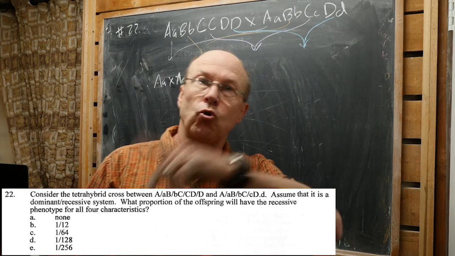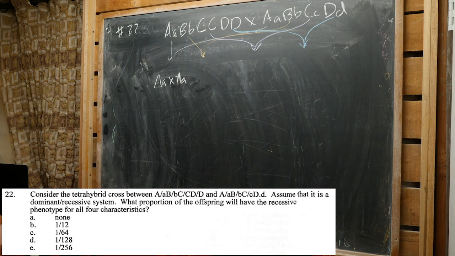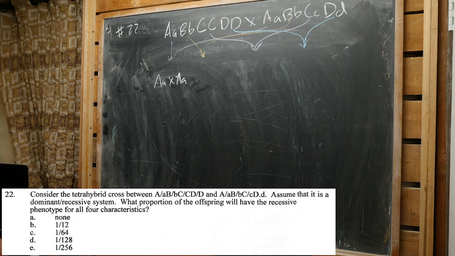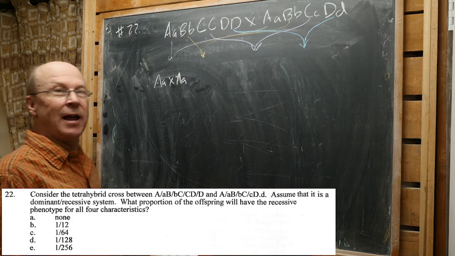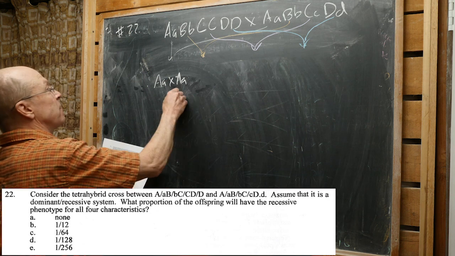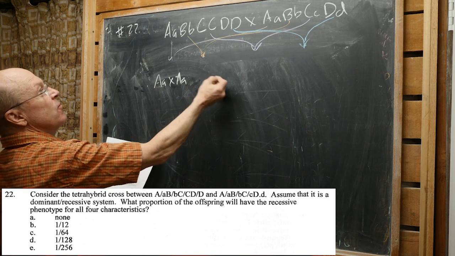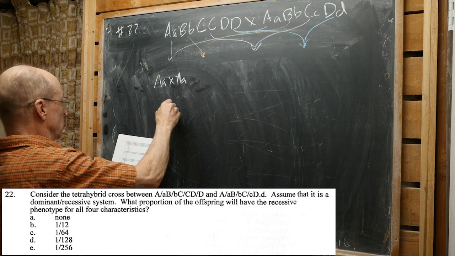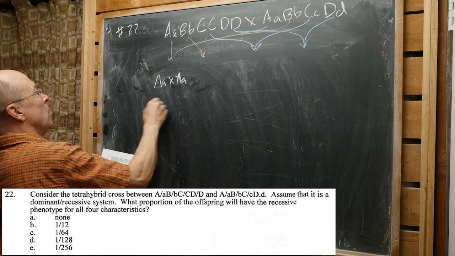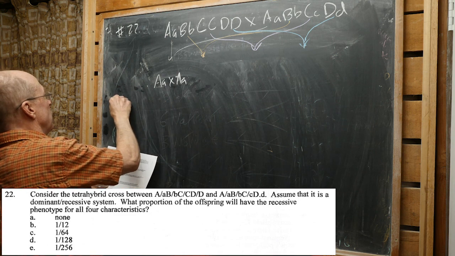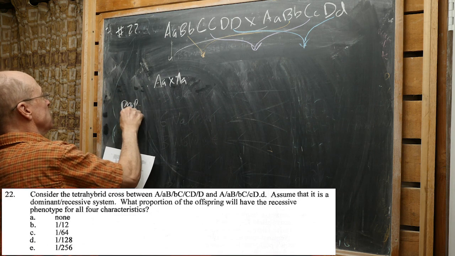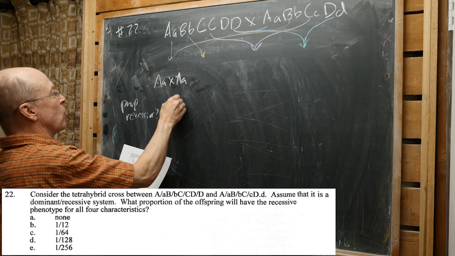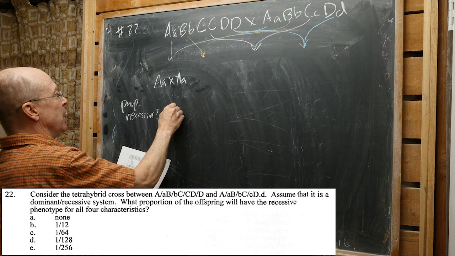All right. You know what? I'm going to answer this darn thing. Okay, so from that one, you want to know what proportion will have the recessive phenotype. So, proportion recessive? This guy, if you did this cross, you would remember that 1/4 of them did.